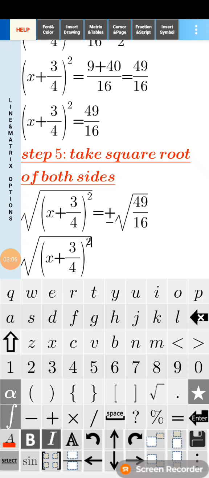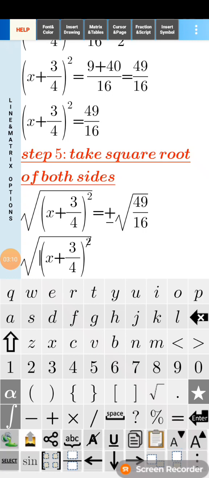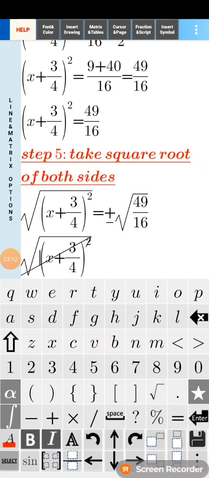Square cancels square roots. Not the question, just the roots alone. So the square cancels square root, not the whole question.